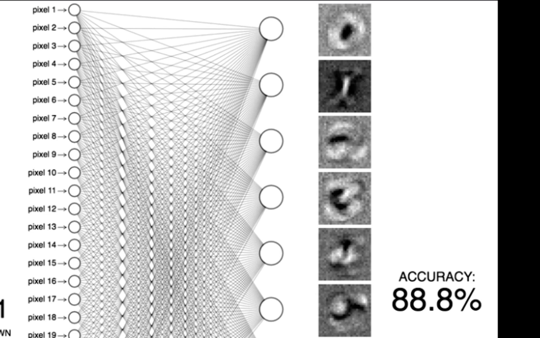It wants to be black for pixels which occur in other digits, but not in this one. Because there tends not to be any digits in the outside area for any of these, there's no reason for it to conclusively say, I want this to be a low weight to devalue this pixel. That's why they tend to be noisy on the outside.